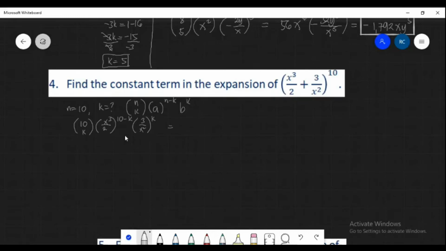Hindi natin pwedeng simplify ito, so we have to copy it. So, 10 combine k na lang siya times k. Dito naman, we have to multiply yung 3 with 10 minus k. So, ito yung magiging x raised to 30 minus 3k na siya, all over, yung 2 naman, 2 raised to 10 minus k.